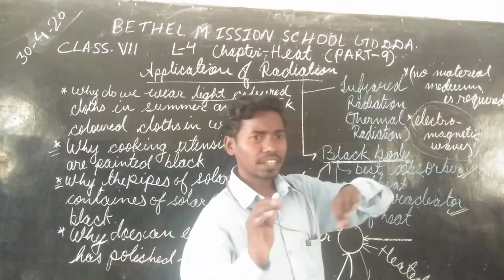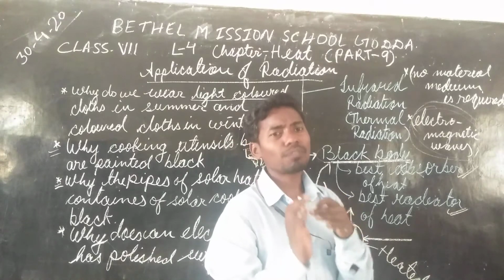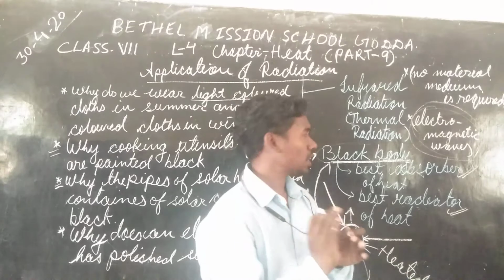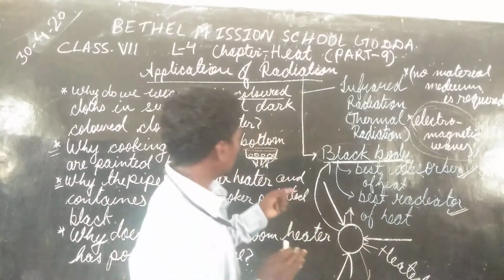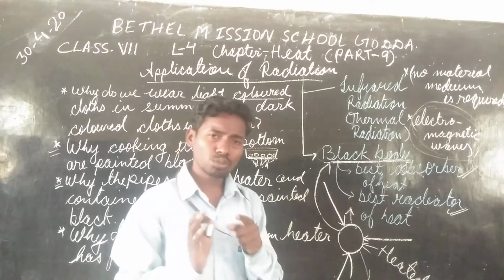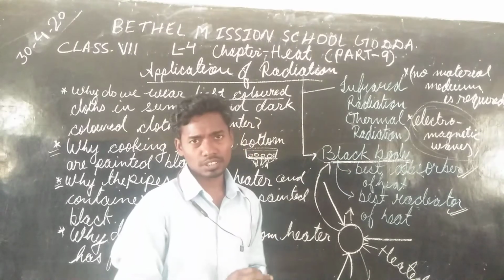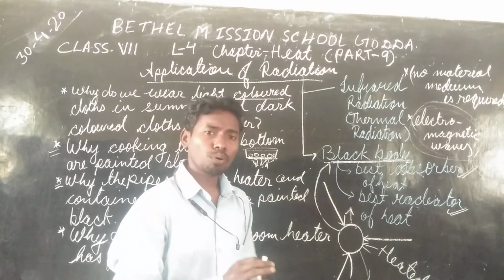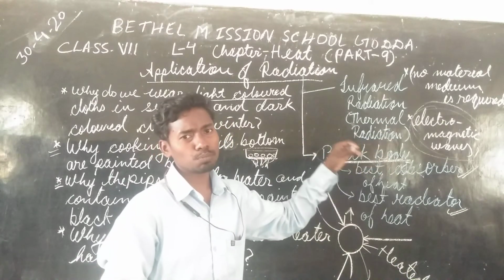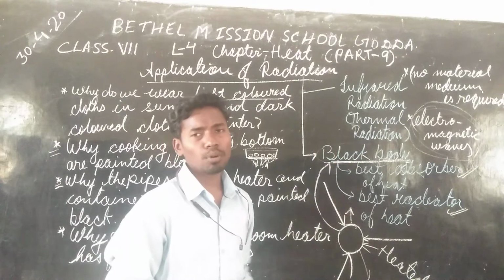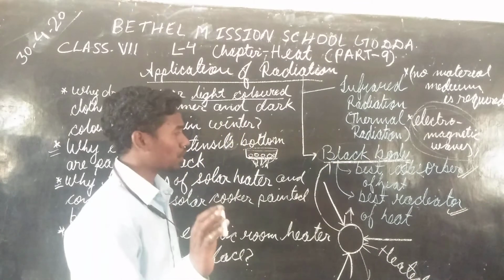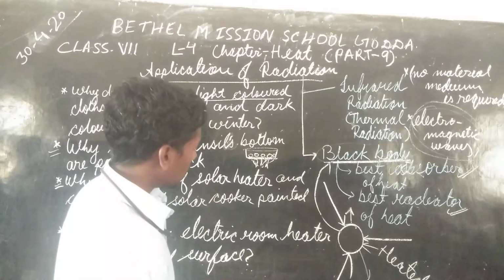So, if light has the property of reflection, this infrared radiation or thermal radiation also has the property of reflection. Since both are electromagnetic waves, both have the same property of reflection.